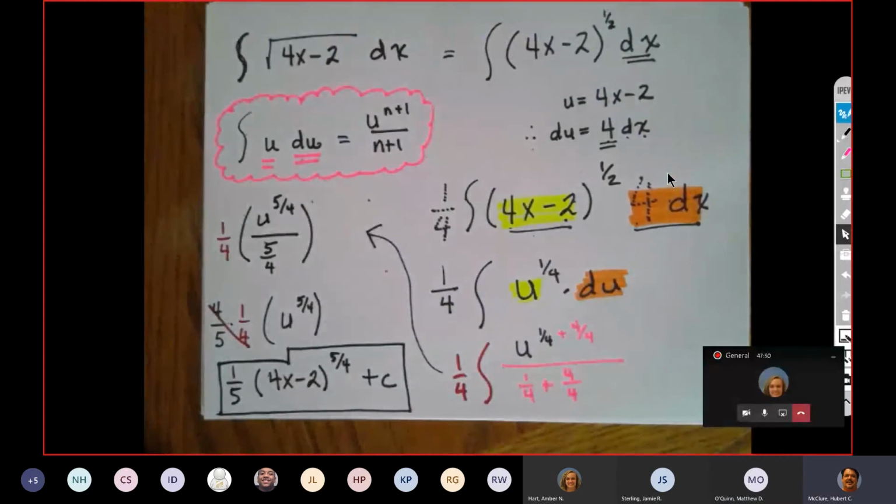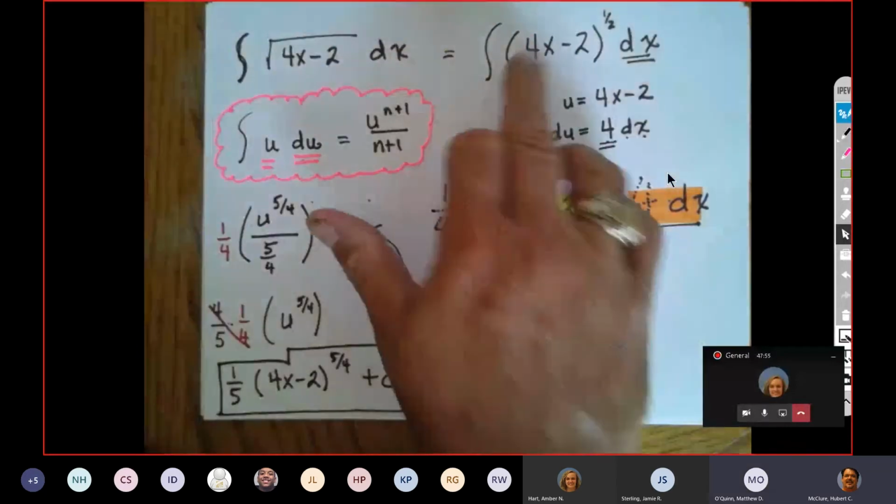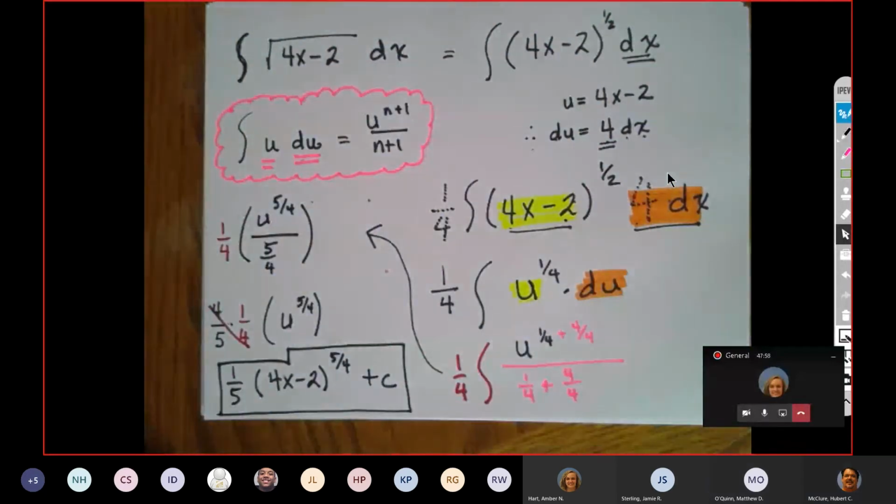Usually a dead giveaway for substitution is either the radical or the parentheses. And sometimes you will already have a 2 in the problem and you don't have to put the 1/4 out front.